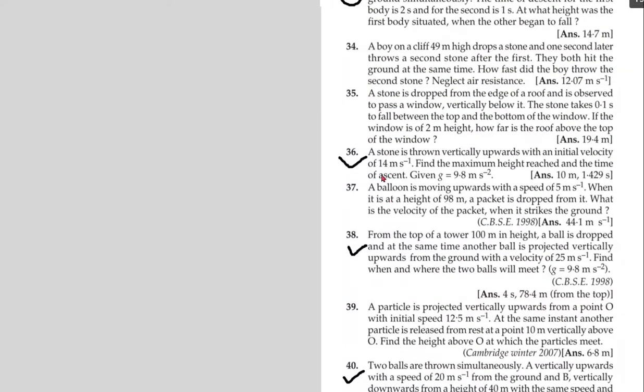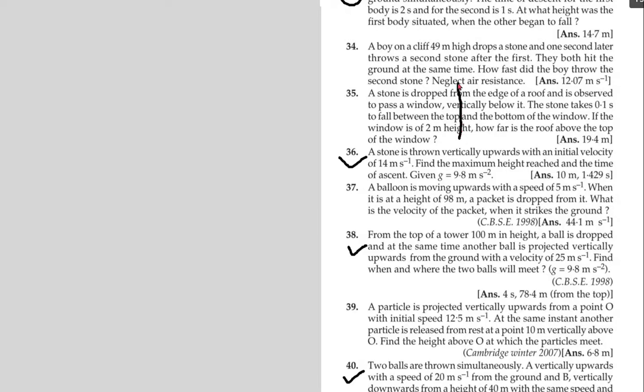Question number 36: a stone is thrown vertically upwards with an initial velocity. Find the maximum height and the time of ascent, meaning the time of upward motion.